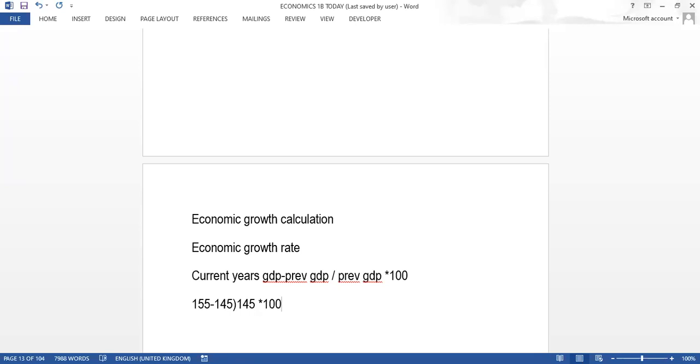If you have a calculator nearby, you can use it to calculate. So 155 minus 145, I think you get a 10. 10 over 145, what do we get as the economic growth rate, for those with calculators near them?